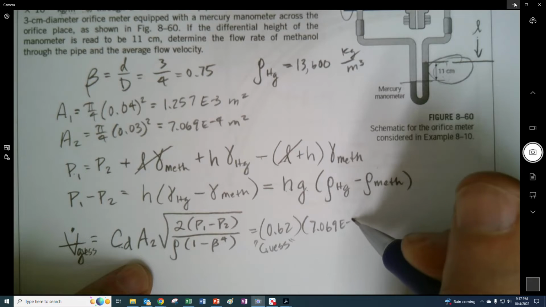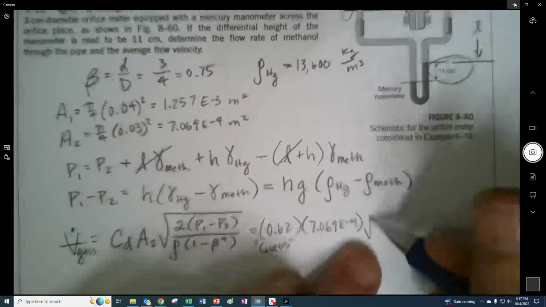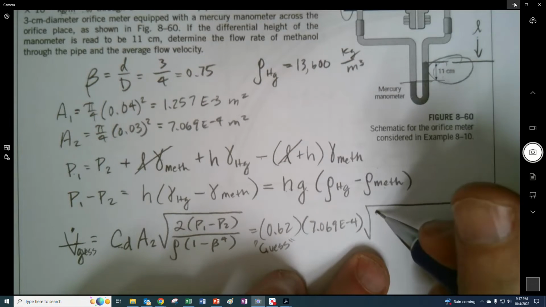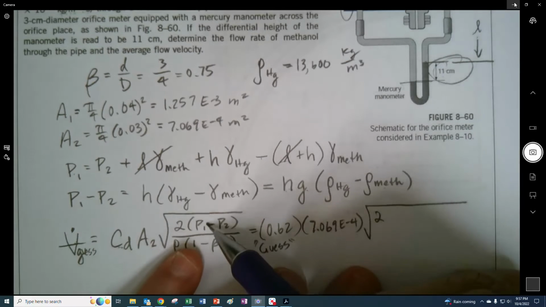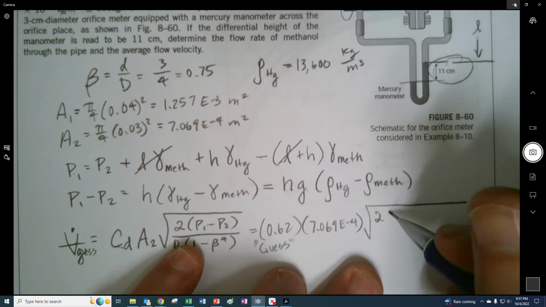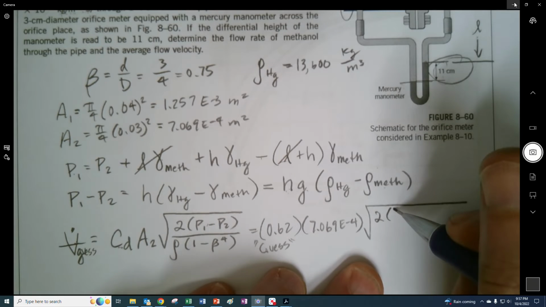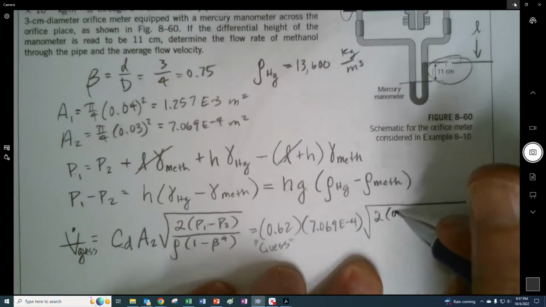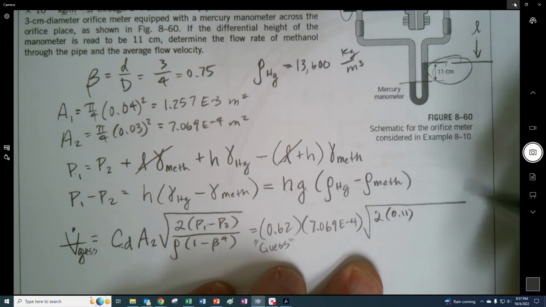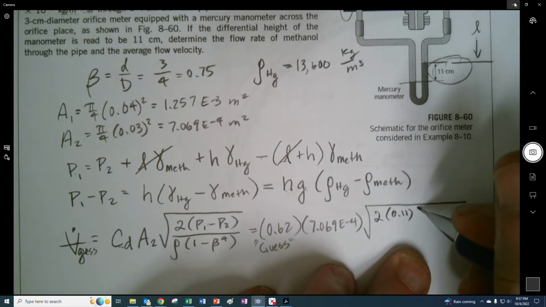Guess underneath it. My area 2 is going to be 7.069 e to the minus 4. My square root here is going to be 2. And now I'm going to replace this guy right in here, and I could have done it all along. So I have my 11 centimeters, so that's actually 0.11 meters. And my G, 9.81.